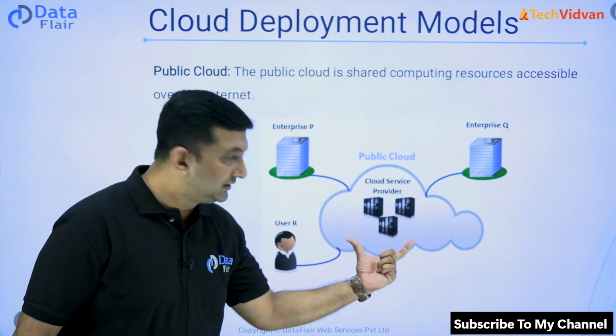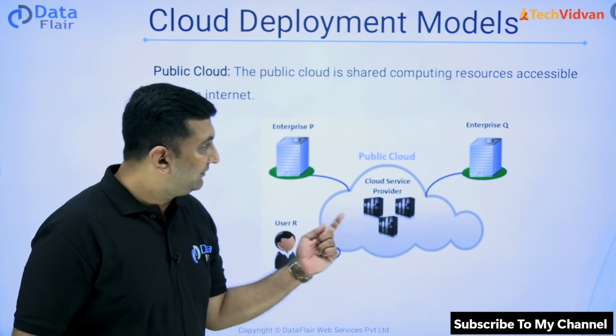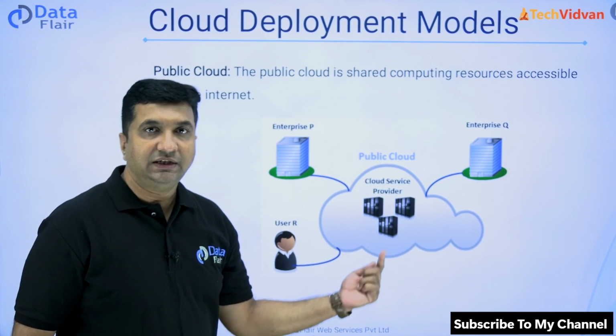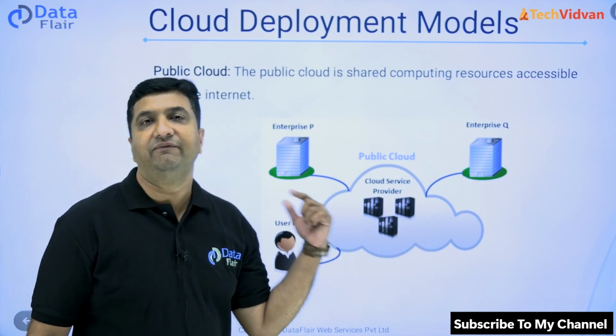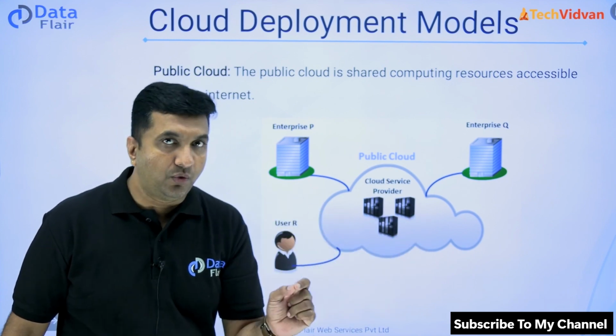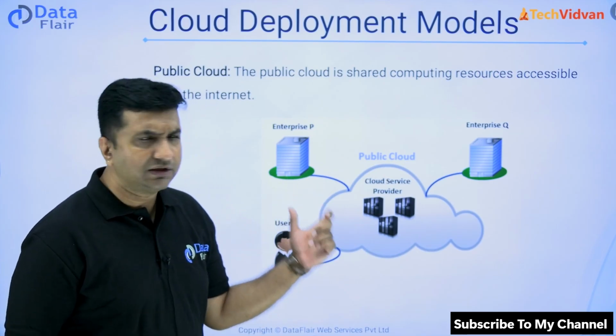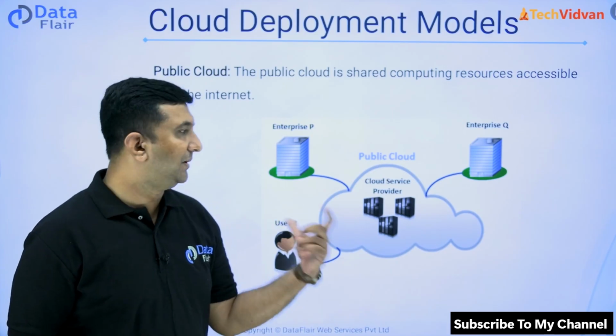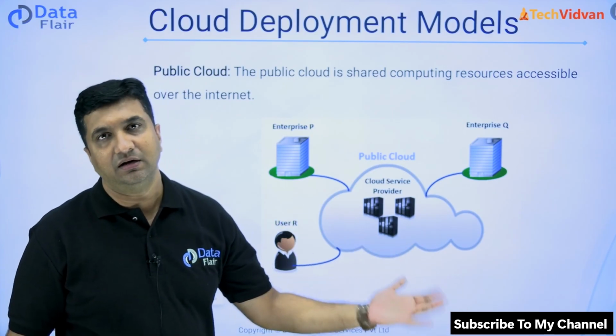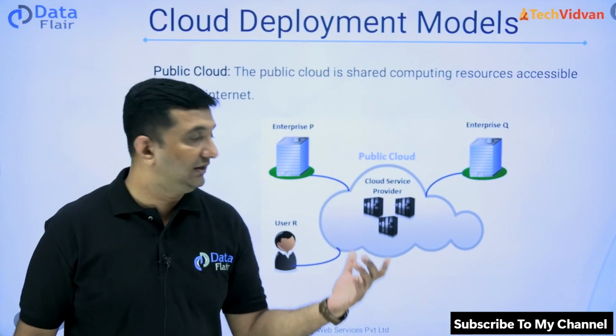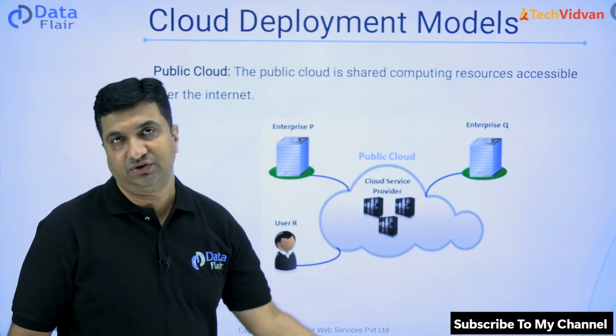When you talk about the public cloud, the cloud resources are available at no or very low cost for organizations or individual users. Some services may be higher, but it is all shared inside a single infrastructure.